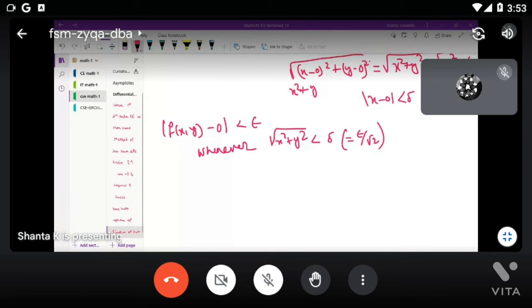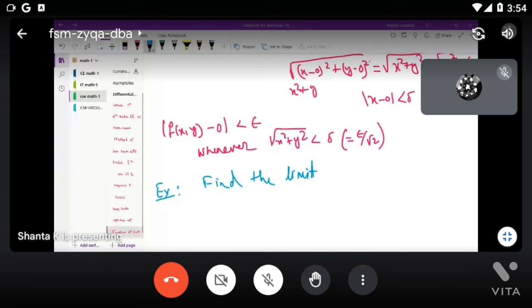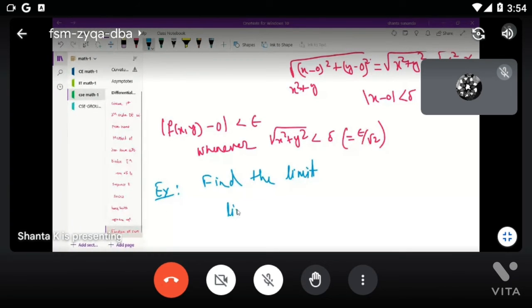So now we will show whether the limit exists or not for this particular case. Find the limit. You can use the epsilon delta method, or you can try it the other way.